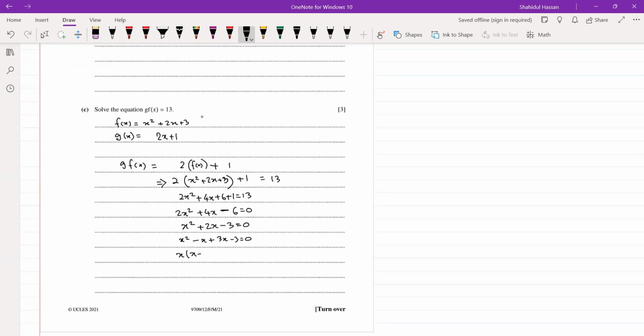X common, x minus 1 plus 3 common, x minus 1 equals to 0. X minus 1 multiplied by x plus 3 equals to 0. So we have x equals to 1 and x equals to minus 3.